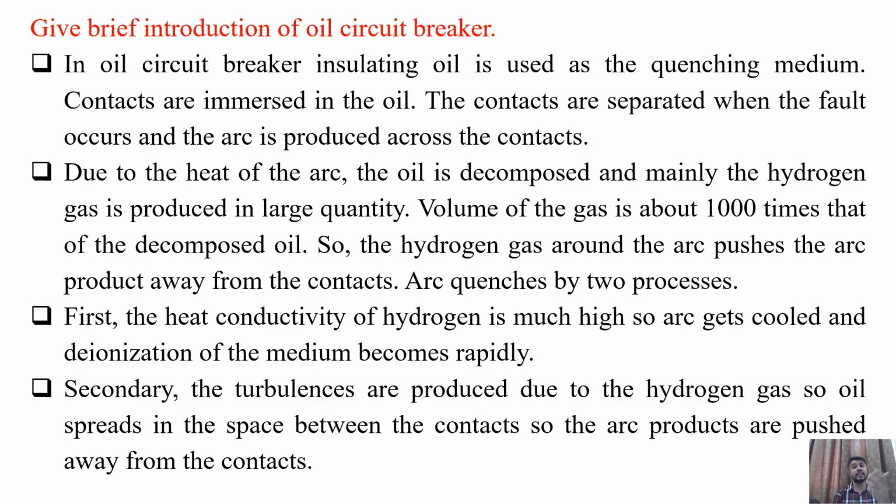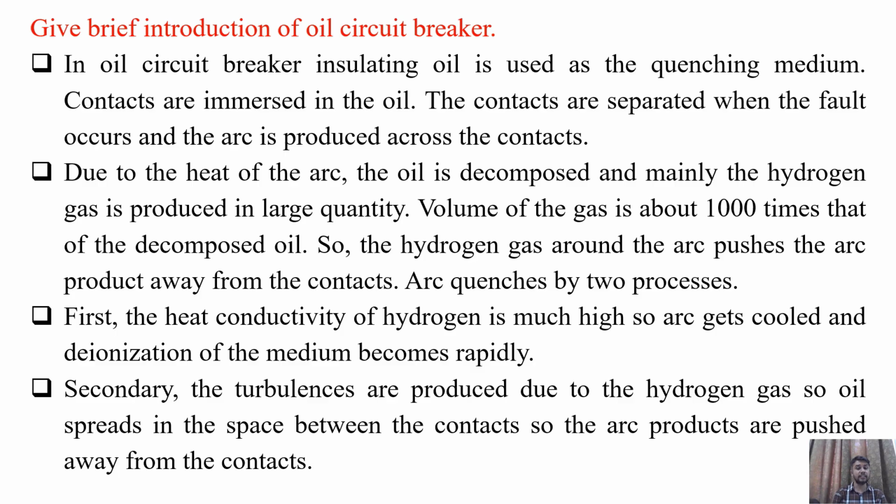So the hydrogen gas around the arc pushes the arc products away from the contacts and the arc quenches by two processes. First, the heat conductivity of the hydrogen is very high, so the arc gets cooled down and the deionization of the medium becomes rapidly fast and so the arc quenches quickly. In the second process, turbulence is produced due to the hydrogen gas.